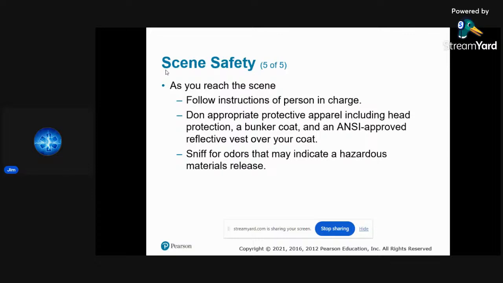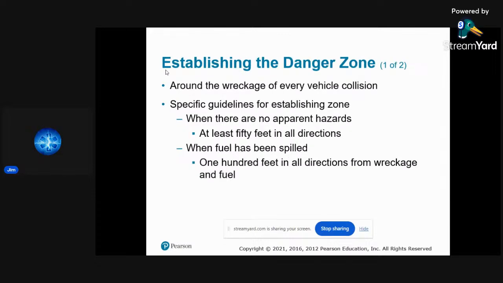At the bare minimum, on a car wreck, you're going to have your 5-point breakaway reflective vest. We're going to take a small sniff for odors that indicate hazardous release. We're going to establish a danger zone around the wreckage of every vehicle collision, right? So we're going to establish this danger zone.